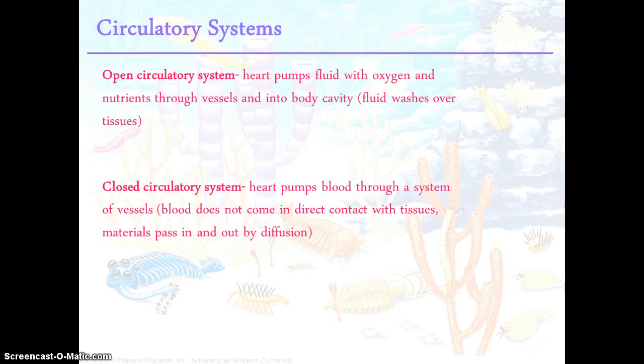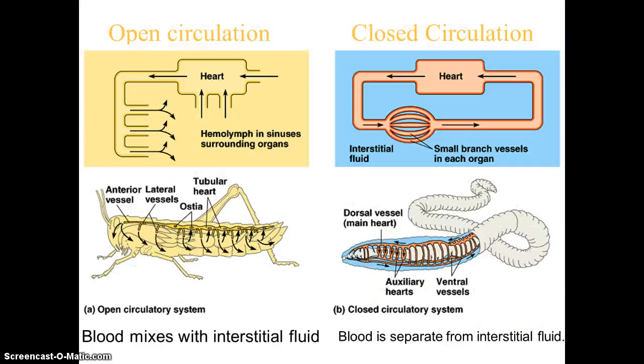For example, humans have a closed circulatory system. Blood doesn't just flow freely over our organs inside our body. It flows through vessels and veins and allows for transport, whereas in the open circulatory system, it does flow freely. And then here's just a couple of pictures so you can see examples.